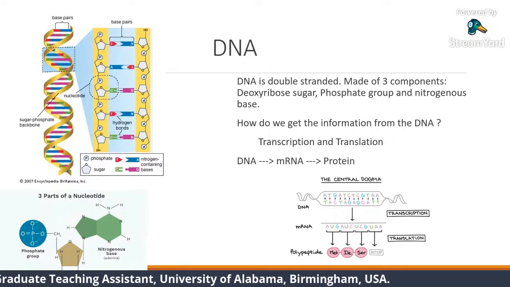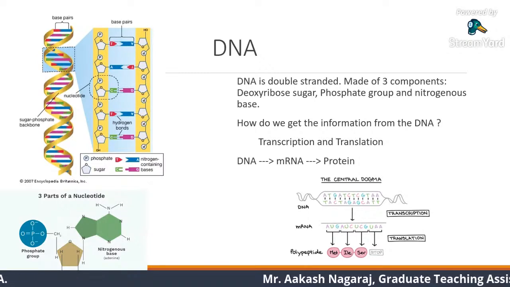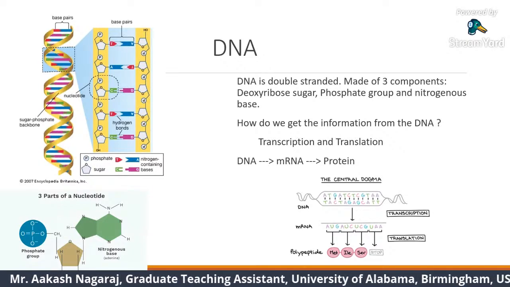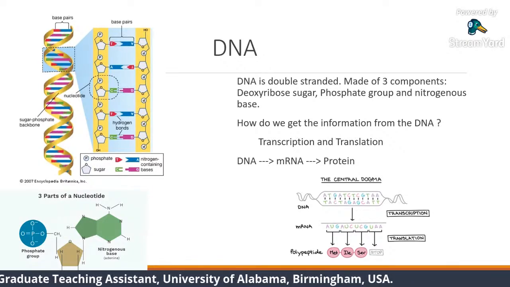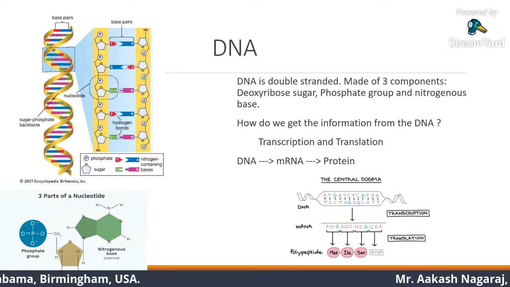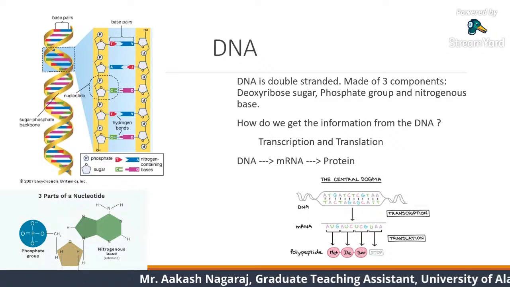So we know that DNA has all the genetic information of the cell, and the cell must get the information to use it. And how does the cell get the information? It uses 2 processes: transcription and translation.